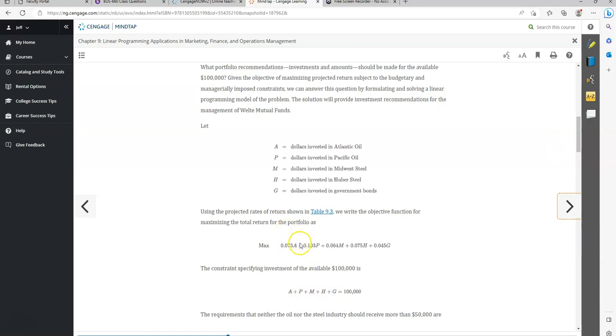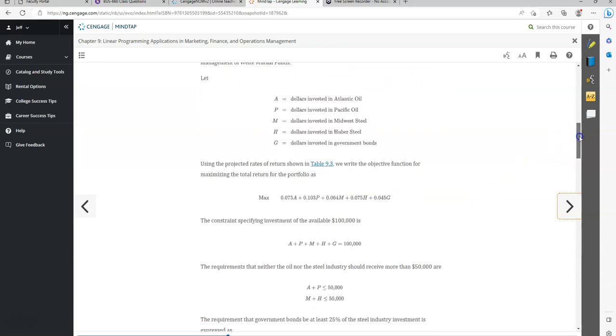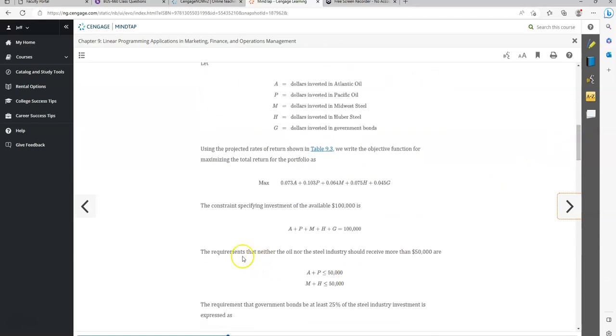So one more time, here are your decision variables. Here is the objective function based on the percent returns from above. And then the first constraint is you only have $100,000, so the sum of all the investments must be equal to $100,000. Then it says the requirements that neither the oil nor steel industry should receive more than $50,000.